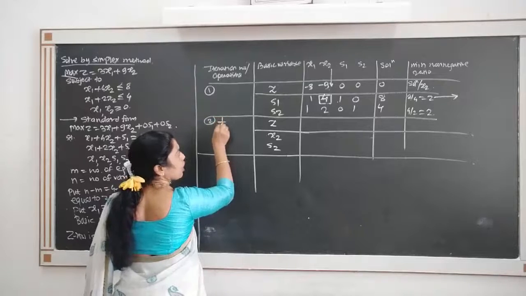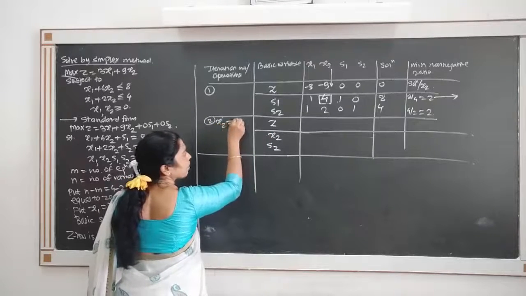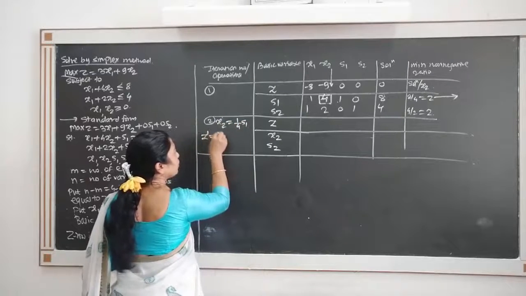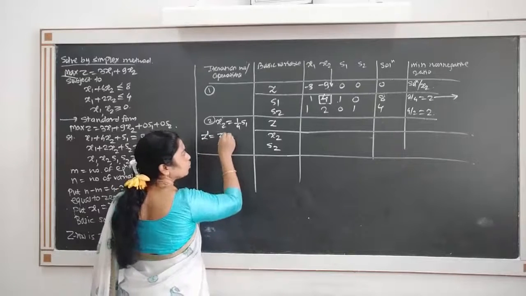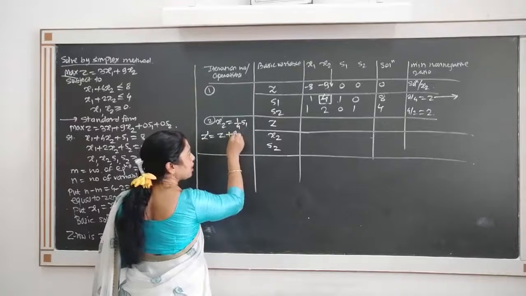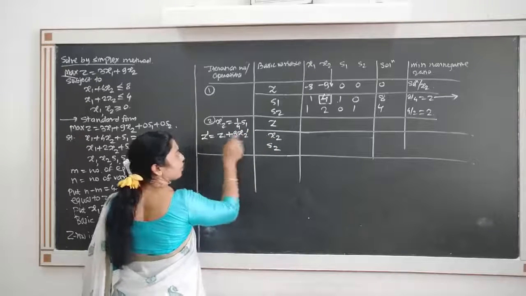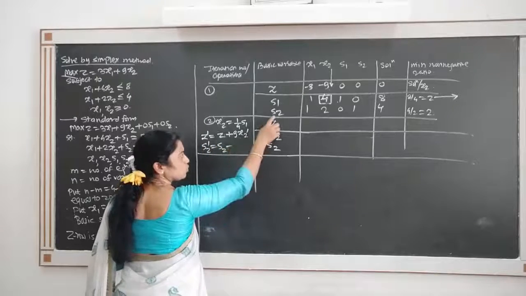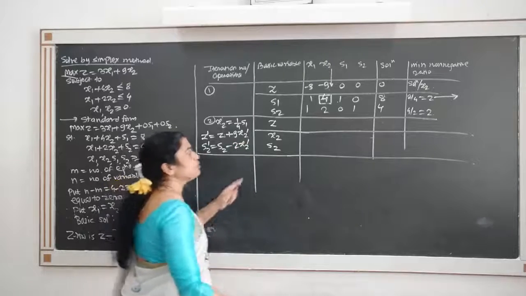In the second iteration, we have 1 by 4. Our new row, that is the x2 row, becomes 1 by 4 times the s1 row. The new z row becomes, z dash means new z row, z dash is equal to current z row plus 9 times x2 dash, meaning the new row, and our new s2 row becomes, that is s2 dash, current s2 row minus 2 times x2 dash. x2 dash means the new x2 row.